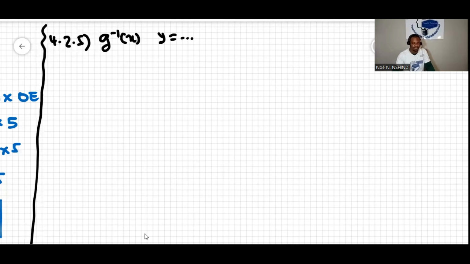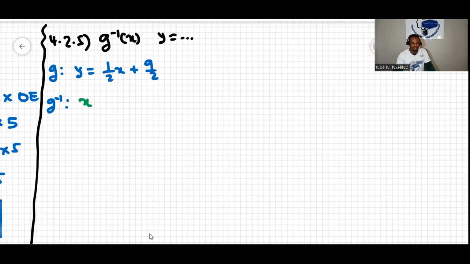Now the function g is given by y equals half x plus 9/2. And g minus 1 is found when we switch the variables. We call y x, and we call x y.